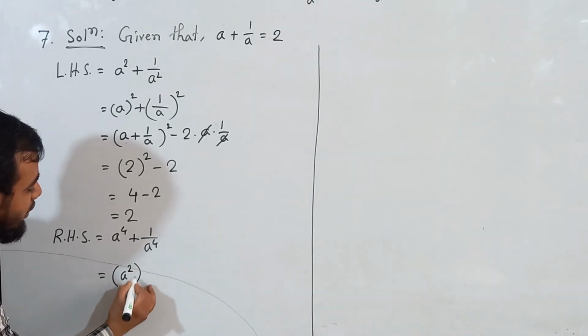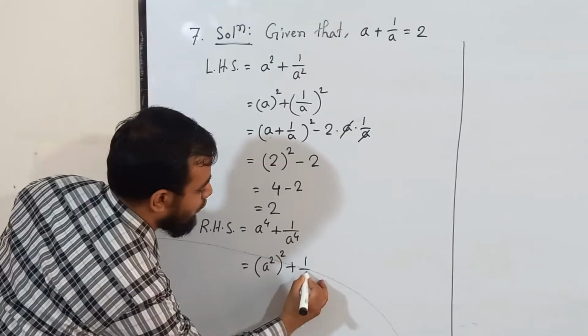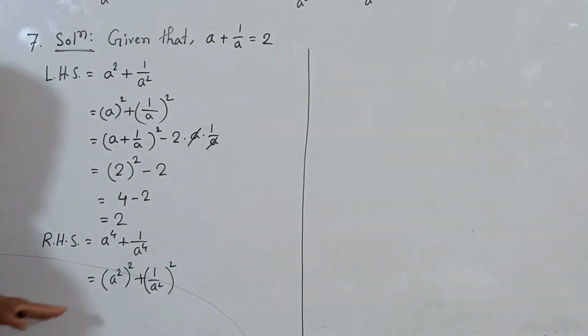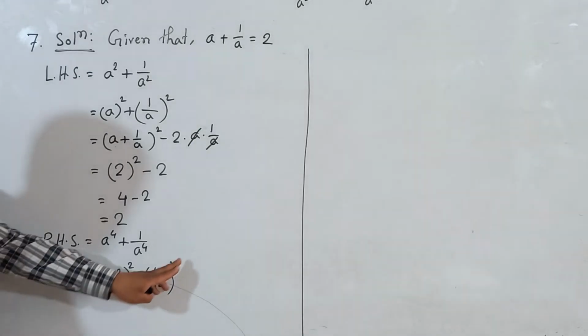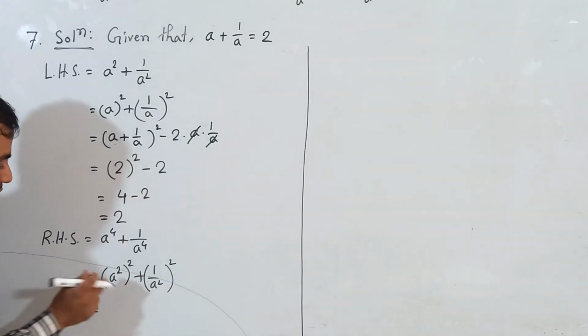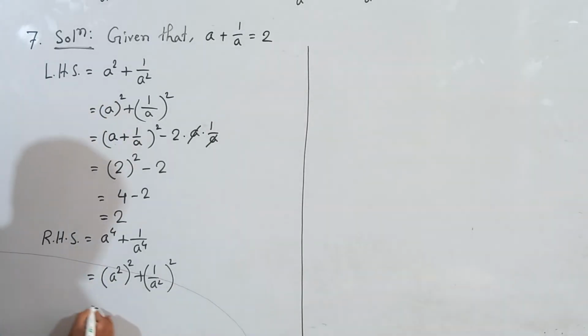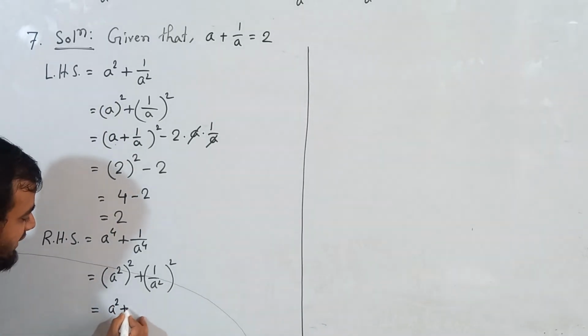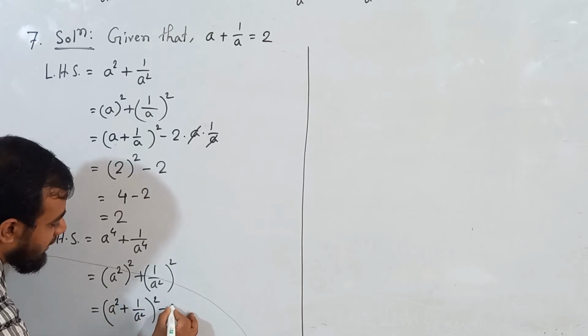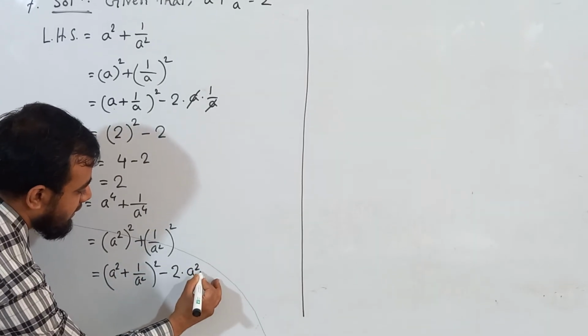It's a squared whole squared plus 1 over a squared whole squared. Now we have created a squared plus b squared. Now apply corollary number 1. For the fourth power, we must apply corollary number 1 first. It's a plus b whole squared minus 2ab.